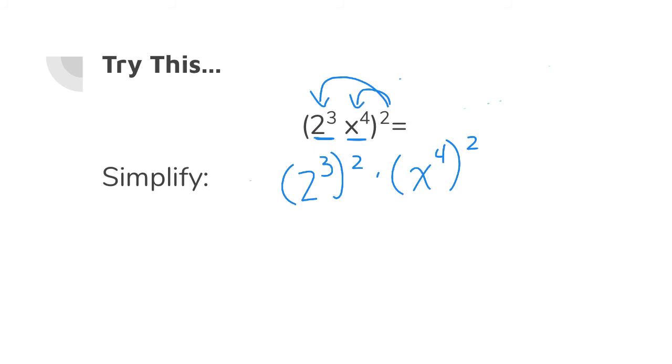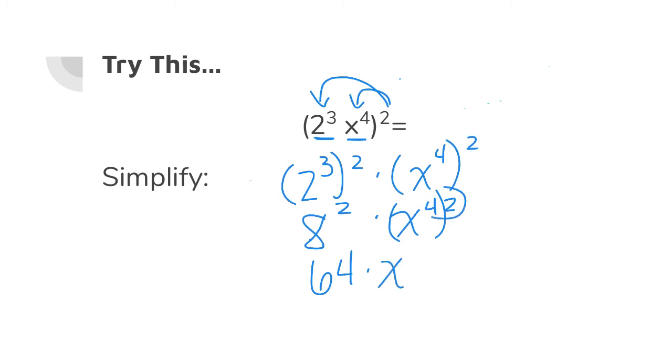Well, 2 cubed is 8, and I know that 8 squared, 8 times 8, is 64. I know because of my rule that I'm going to keep my base, multiply my exponents, and I will get the same answer.